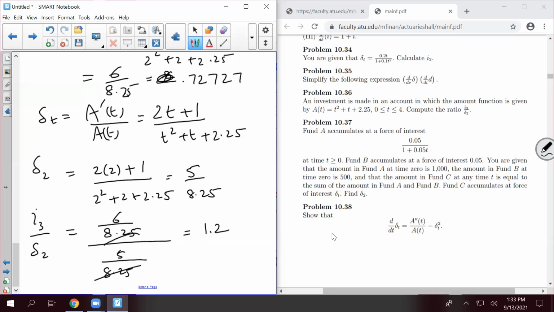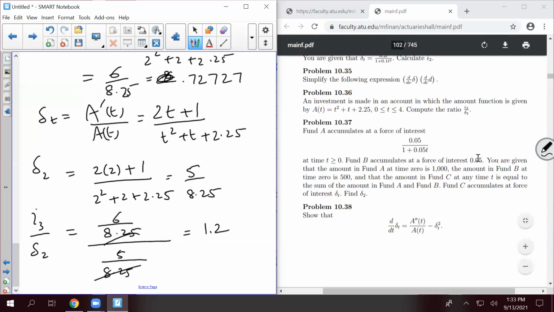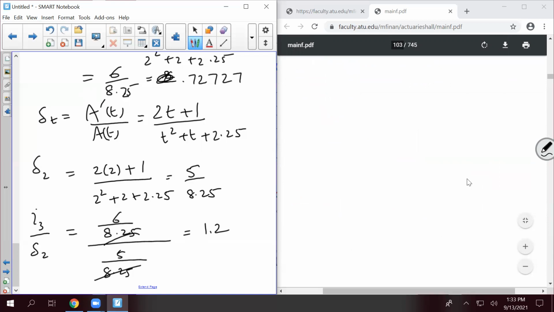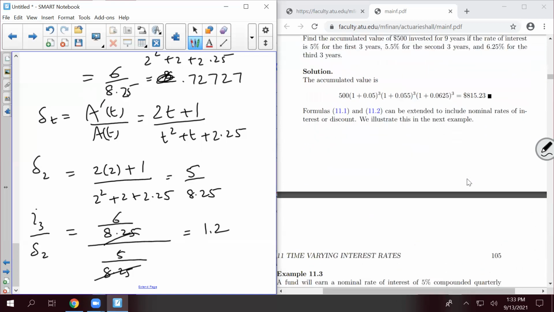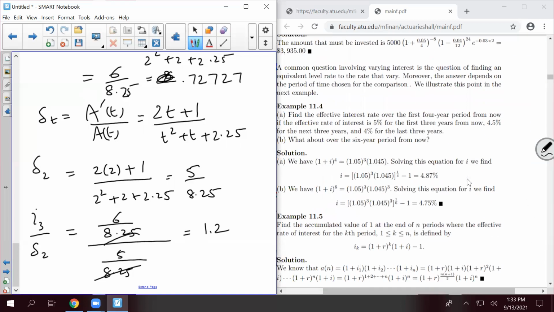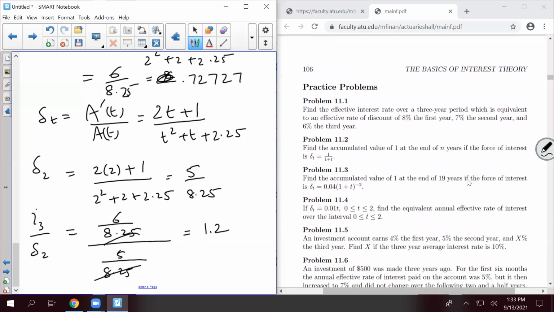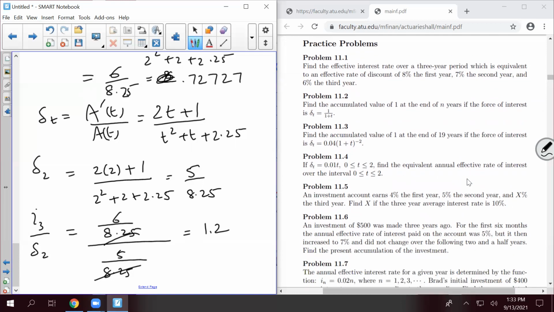What's the section we have to do after section 10? Actually, section 11 is a nice continuation because the first problem I see is about force of interest. So let's do number 2.